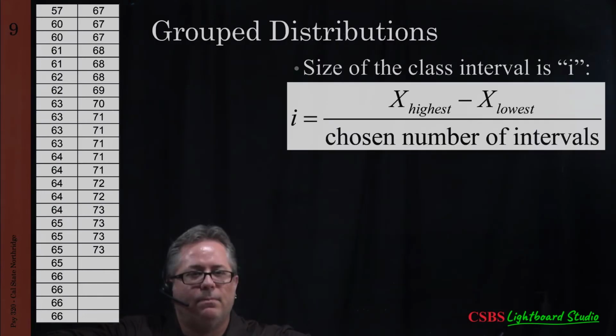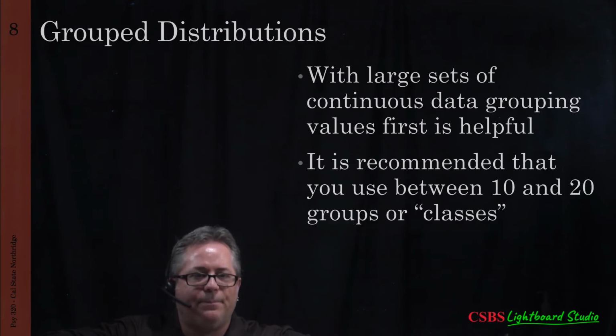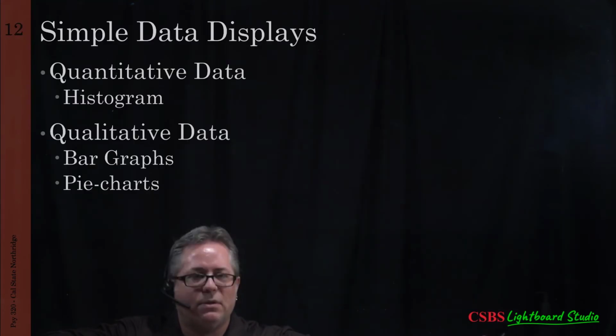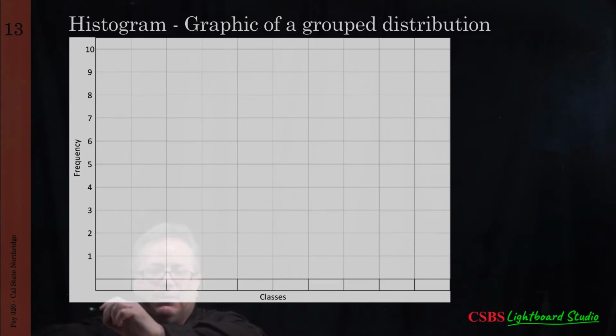For the lowest number is 57, so 57, 58. Yeah, okay. Just making sure. So down here I can recreate those classes by saying, okay, this is 57 to 58, right? And the next one's 59 to 60.